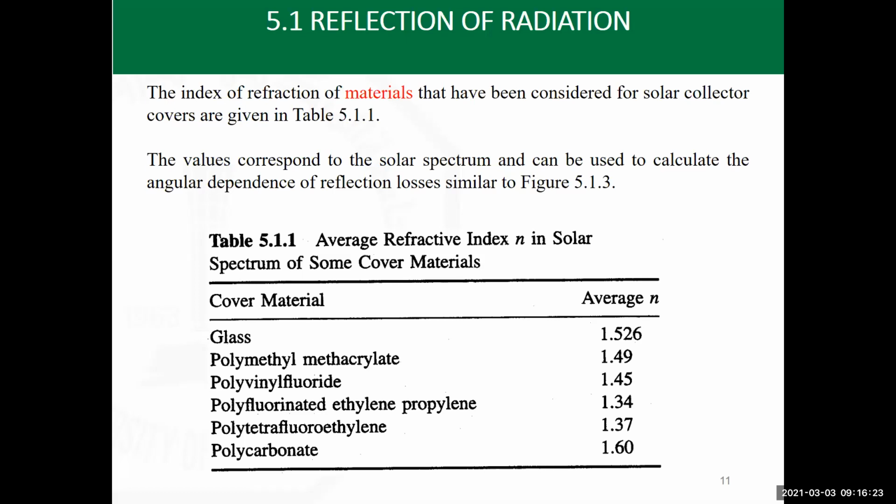Polyvinyl fluoride is 1.45, and so on, reaching the polycarbonate that has a refractive index of 1.6. These are different materials that can be used instead of glass when you are dealing with solar collectors. Glass is still the most available, the most commercially used, and basically the cheapest. That explains why.